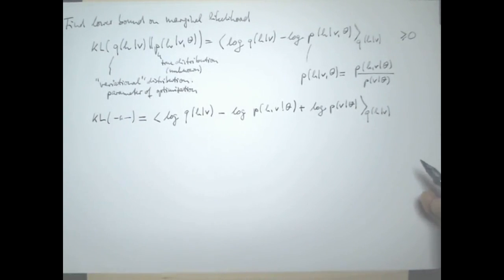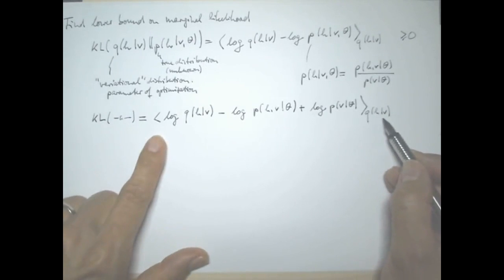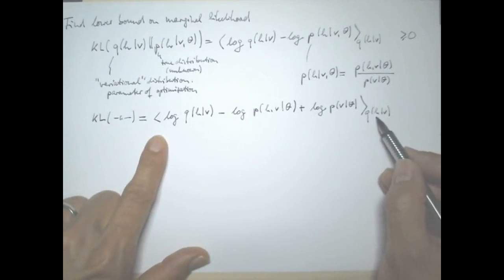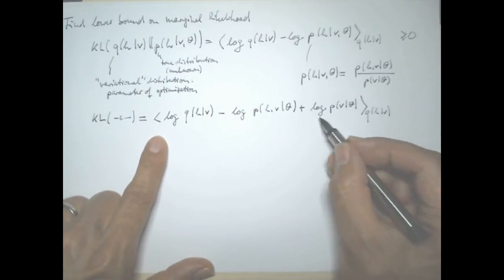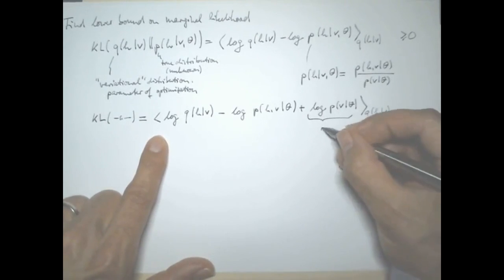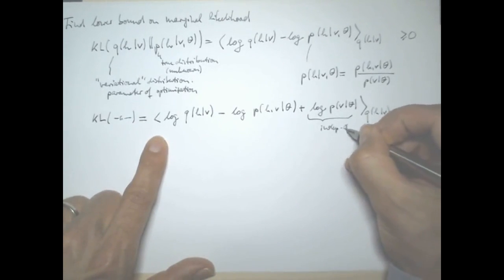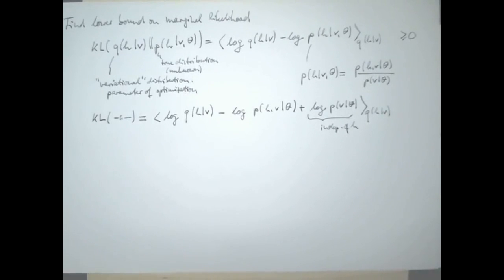But this expectation is with respect to the hidden variable h, and this last term here is independent of h. So I can pull it out of this expectation.